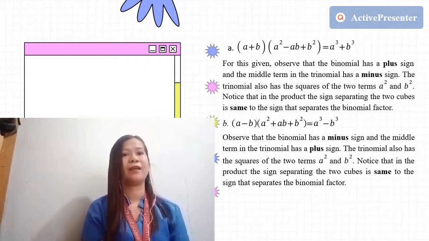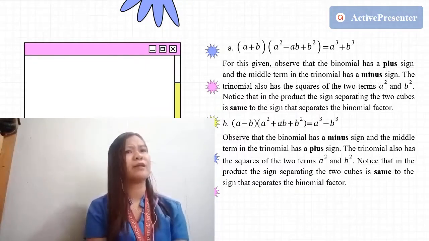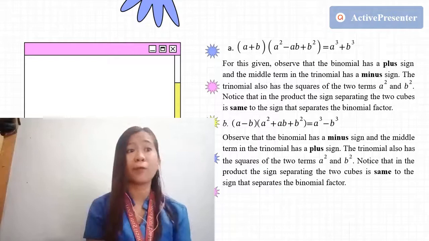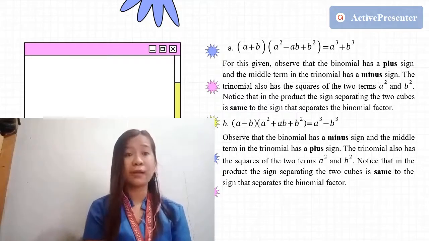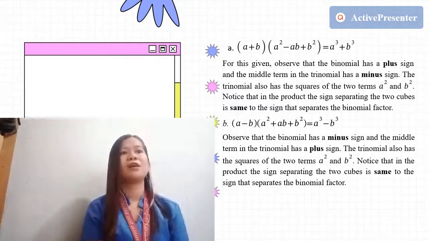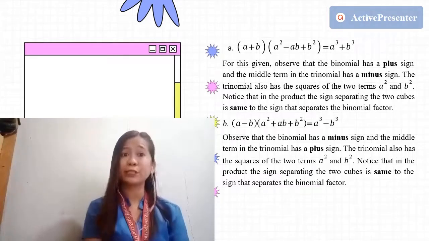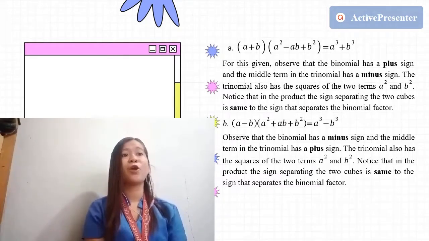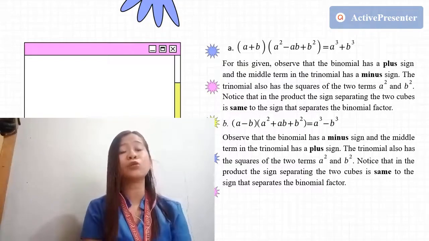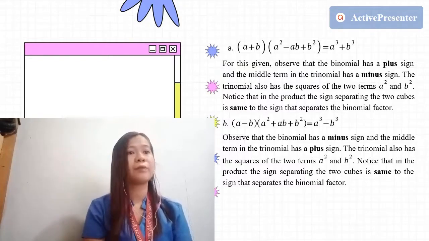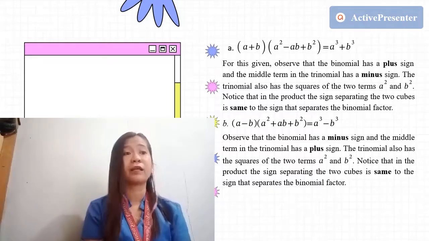For your observation, the binomial has a minus sign, then the middle term of the trinomial has a plus sign. The trinomial also has the squares of the two terms, a squared and b squared. You have noticed that in the product, the sign separating the two cubes is the same as the sign separating the binomial factor.